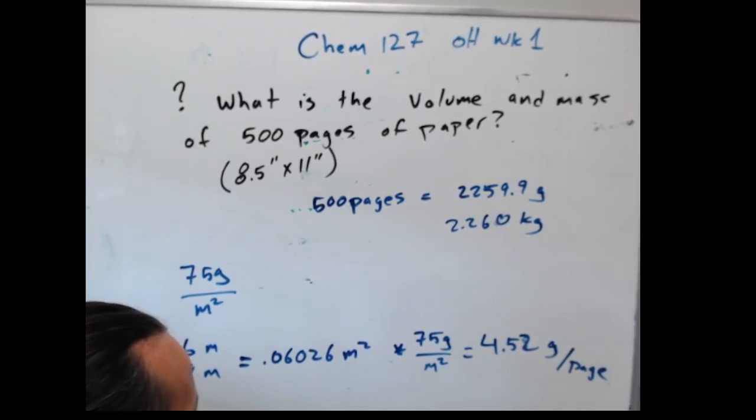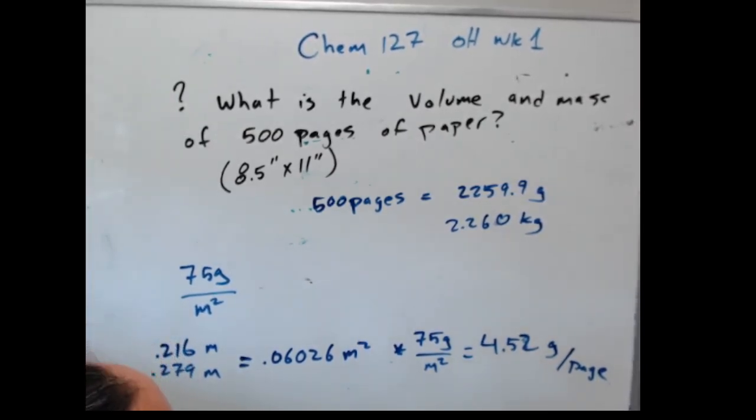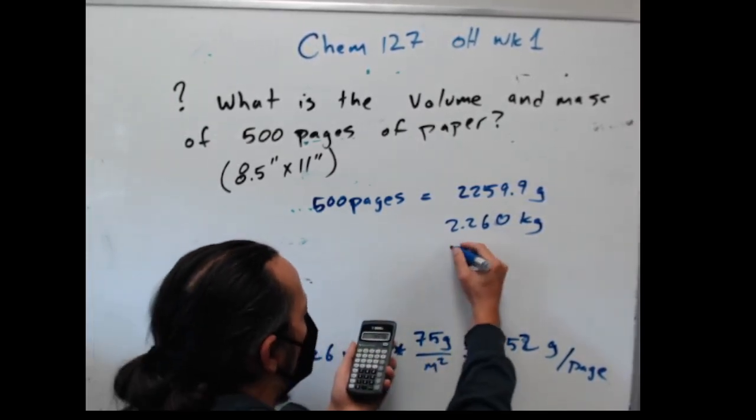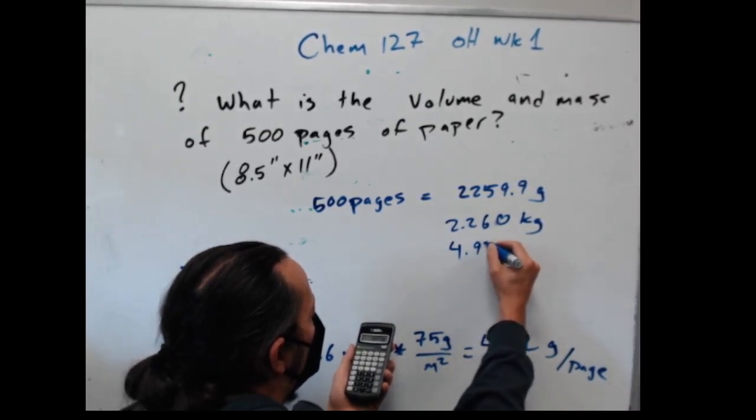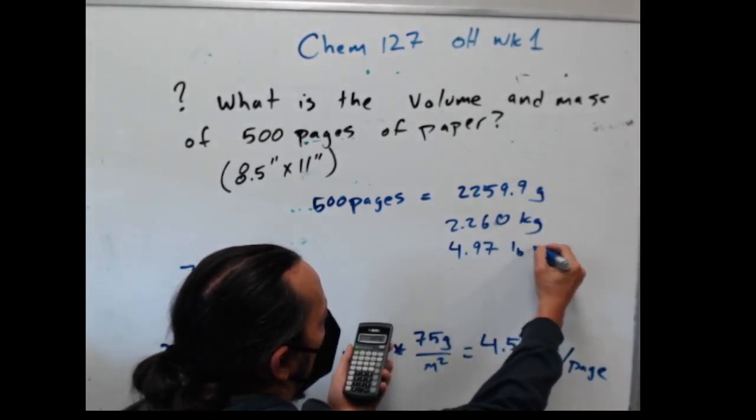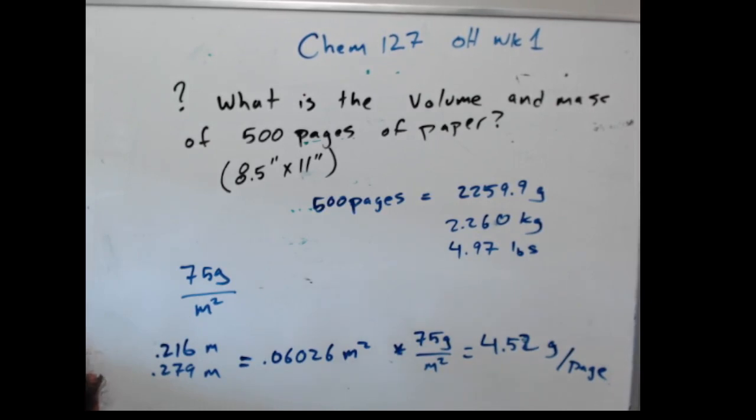Multiplied by 2.2, or 4.97 pounds. So 500 pages of paper is about 5 pounds. So one of those reams of paper is about 5 pounds.